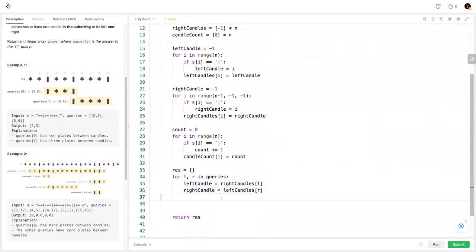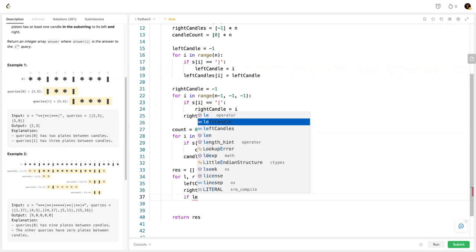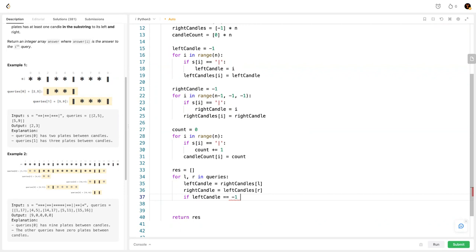And then now if either of them has a -1 value, which means none of the plates are bounded by both candles, then we know there will be 0 plates in between. So if left candle is equal to -1 or right candle is equal to -1, then we know there will be 0 in between.